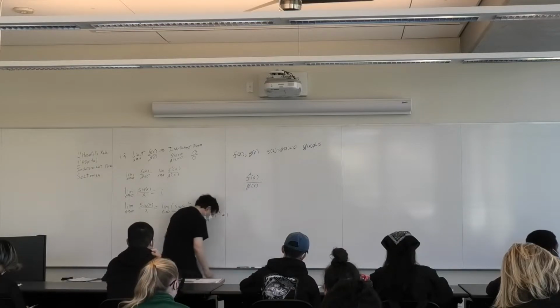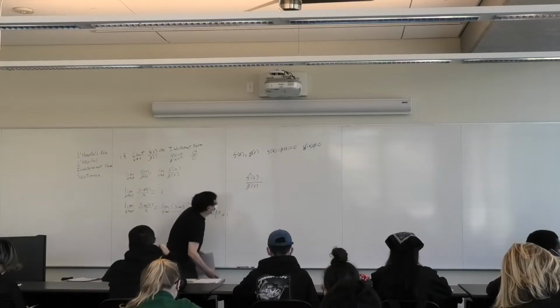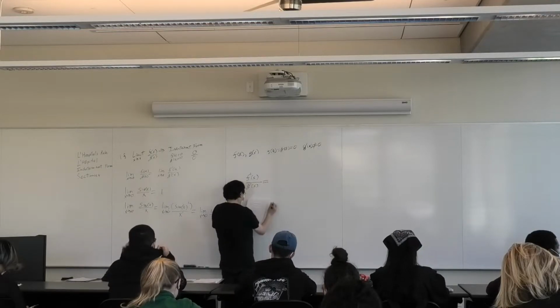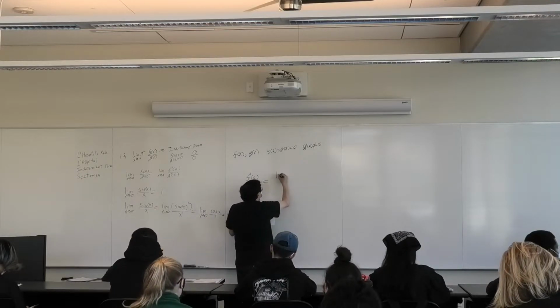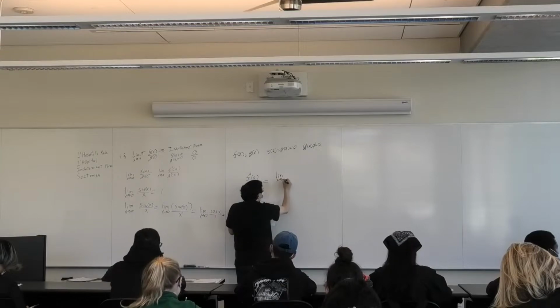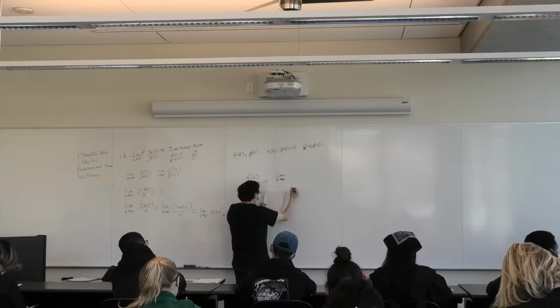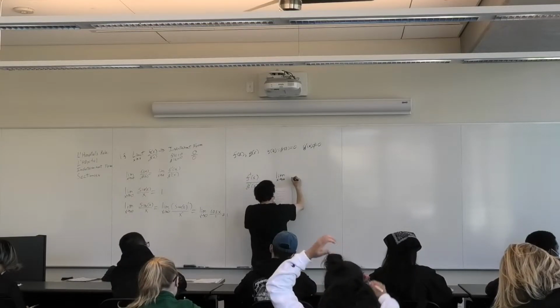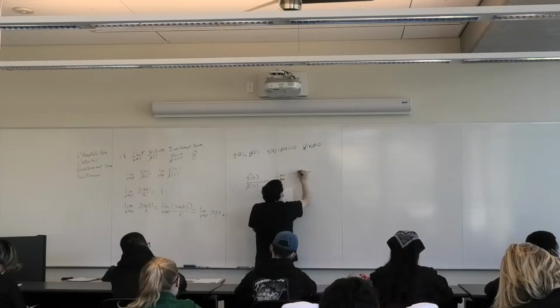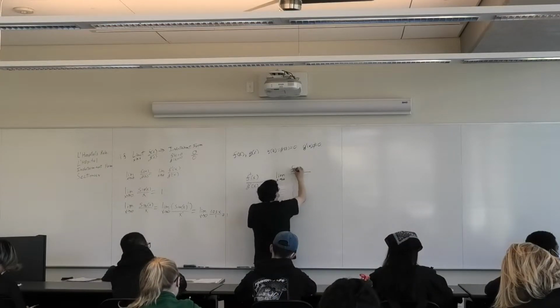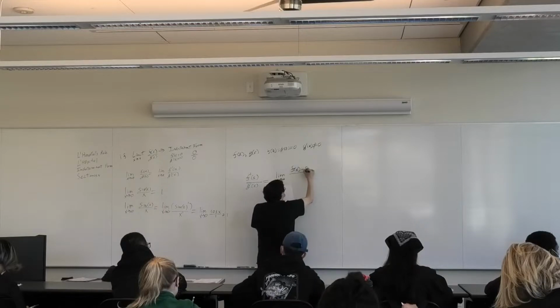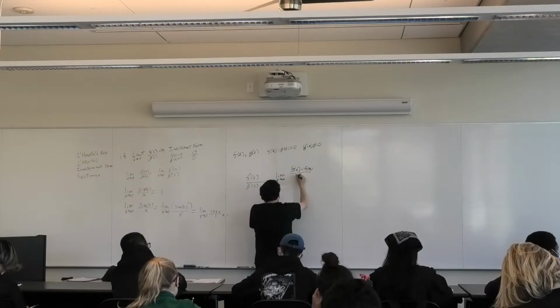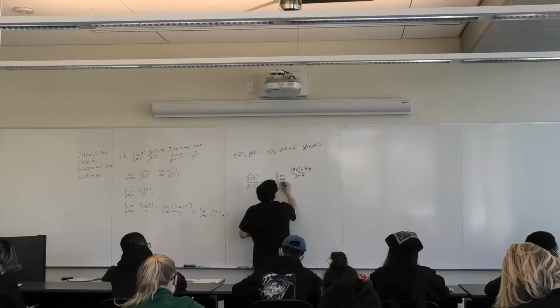We just want to look at this. Okay, so this is the definition of the limit. This is the limit as x approaches a of f of x minus f of a over x minus a.